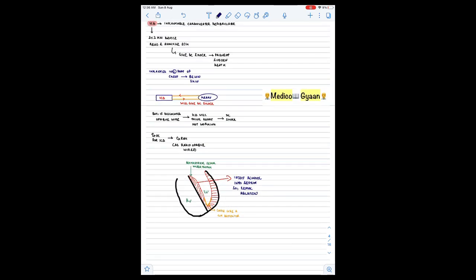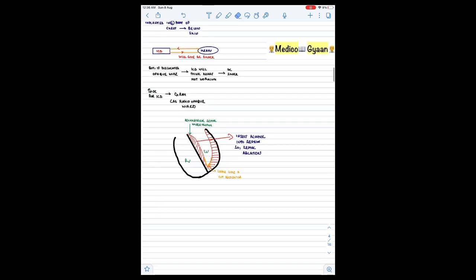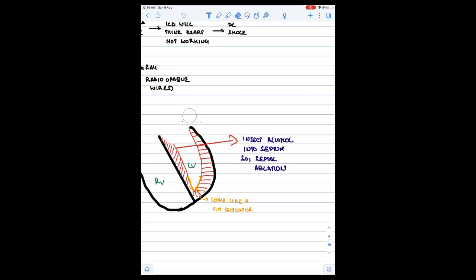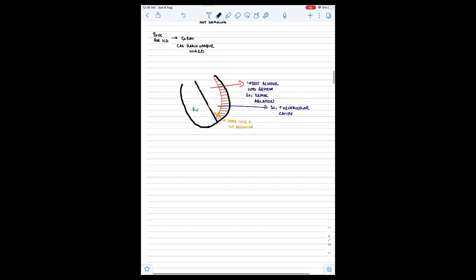So everyone, please note that in cases of HCM, I will be doing septal ablation. After doing septal ablation, the cavity of the left ventricle increases in size.